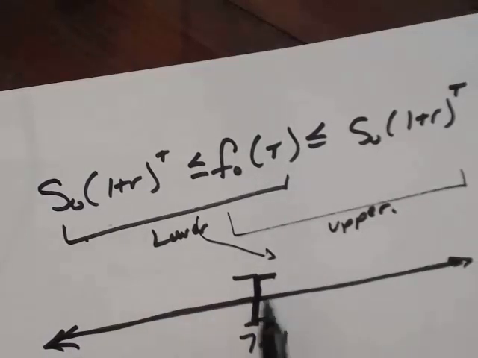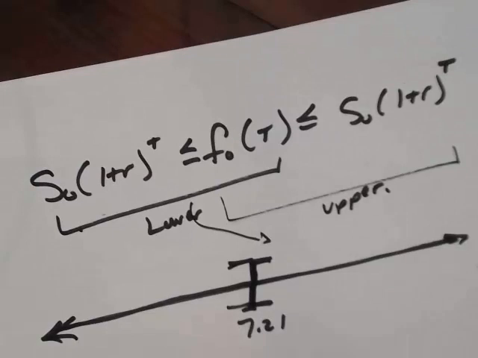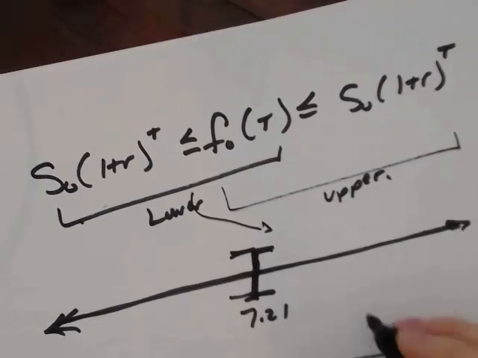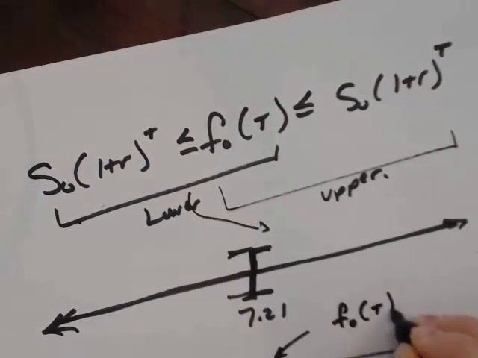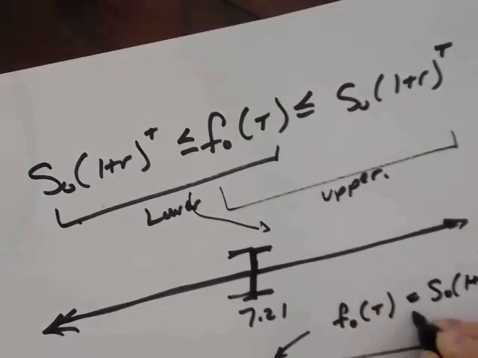Okay, so if you're hitting 721 on the upper and the lower bound, it boils down to a specific $7.21. So what I'm saying is, the greater than or less than signs disappear, and it boils down to an equal sign. There's the equal sign.